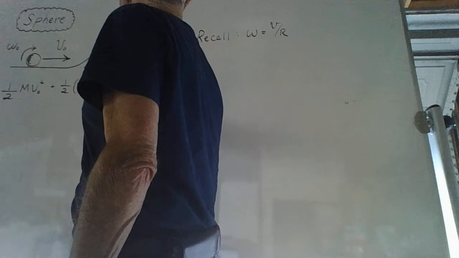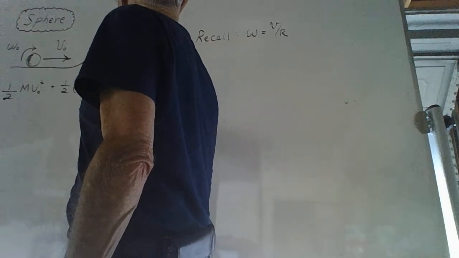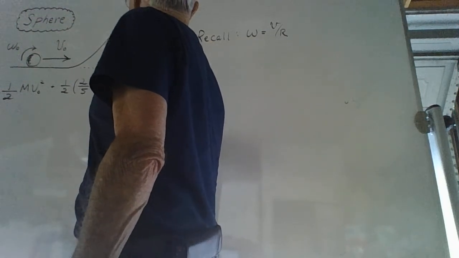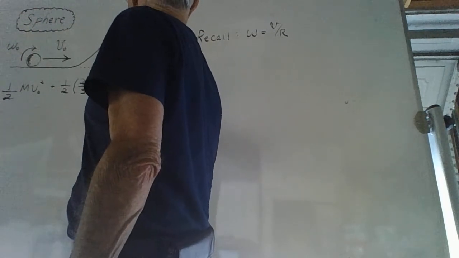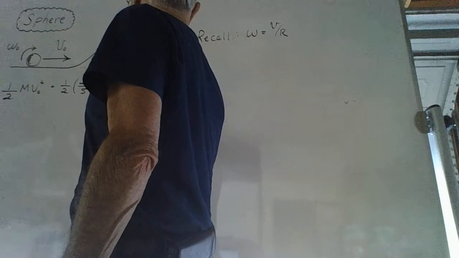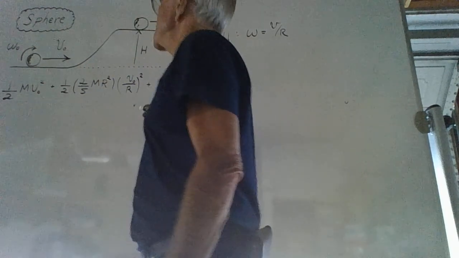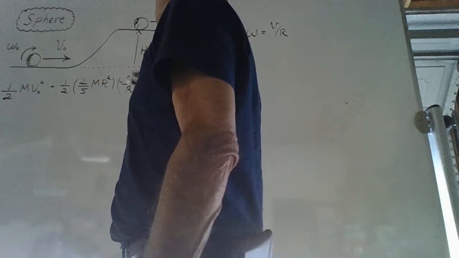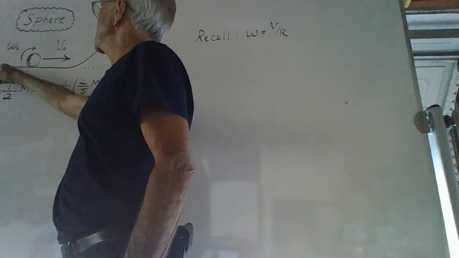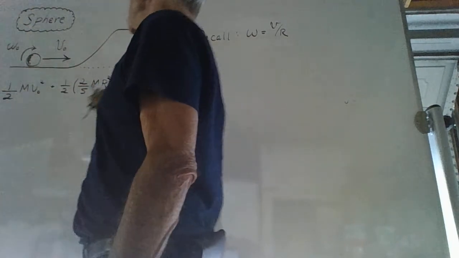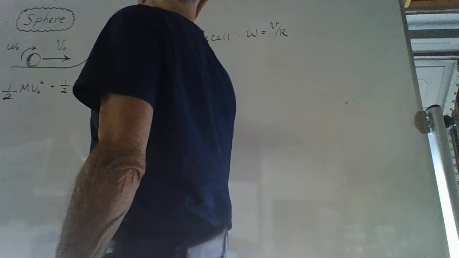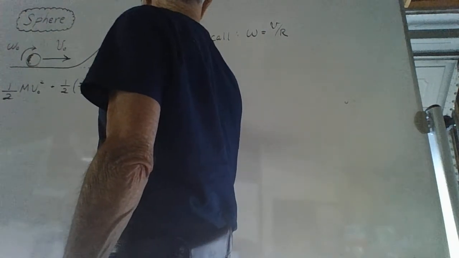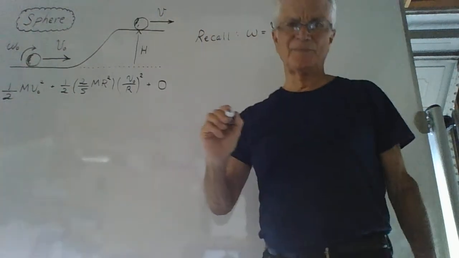But omega naught is v naught over r. That's your omega, it gets squared. The reference level for gravitational potential energy is taken to be that line there. And so the initial elevation h is 0, and so the gravitational potential energy initially is 0.